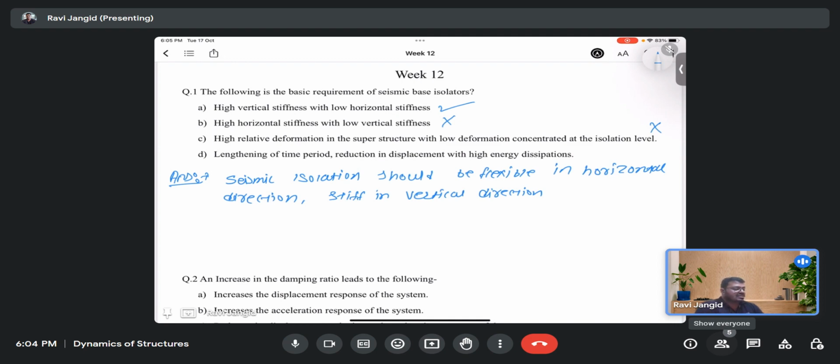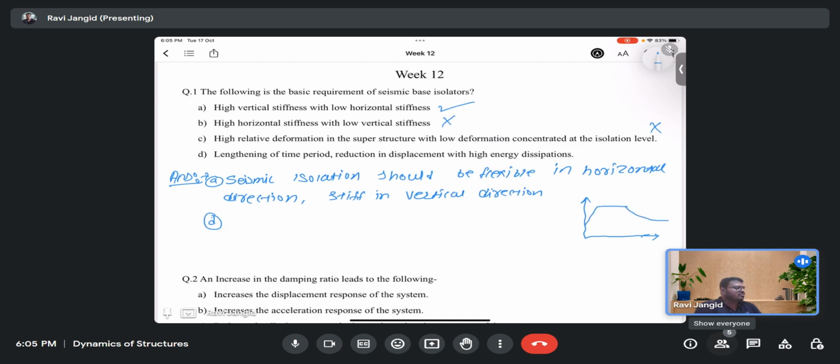The other option is lengthening of the time period, which means reduction in the displacement with energy dissipation. Is it okay or not? The main basic principle of seismic isolation is lengthening of the time period.